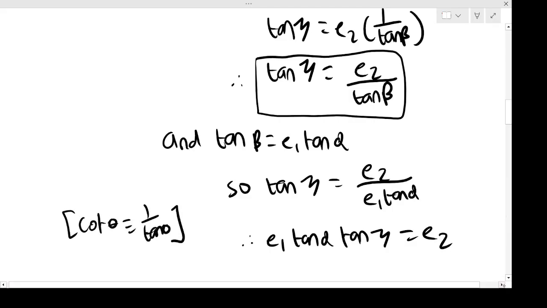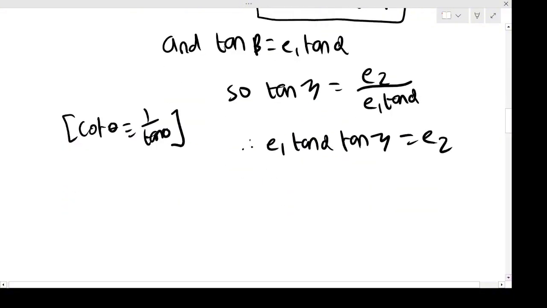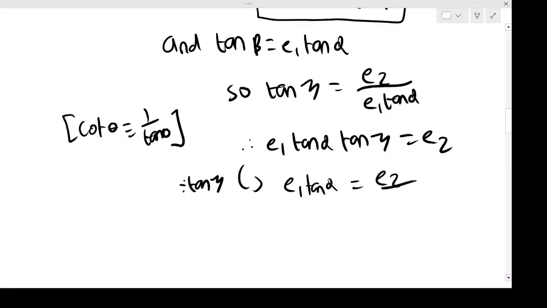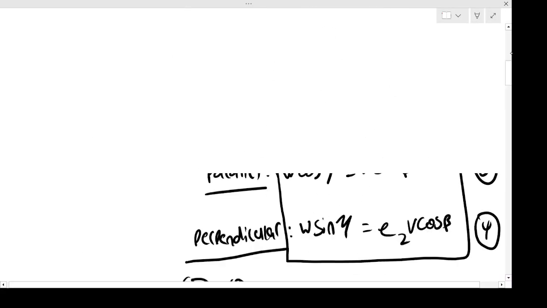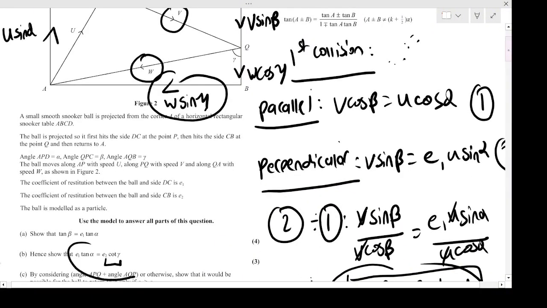So if I divide by tan gamma, I'm going to get that E1 tan alpha is going to be E2 over tan gamma. And therefore, E1 tan alpha is E2 times 1 over tan gamma, which is indeed cot gamma by definition. And that is now the expression they wanted.